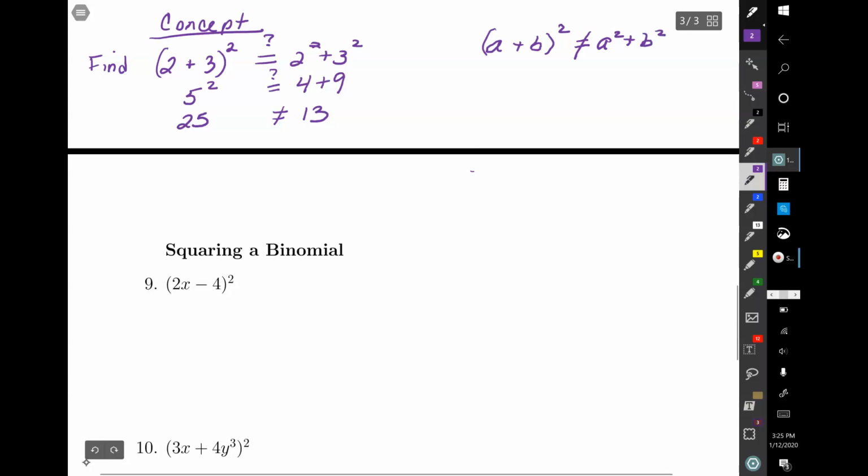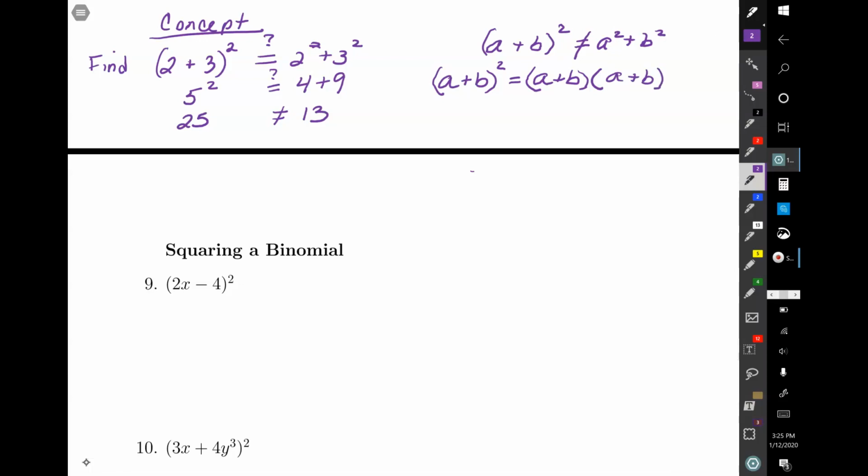What it is equal to, I'm going to write again here, (a plus b) quantity squared, is going to be equal to the entire expression, (a plus b) times itself, (a plus b). So at first, take the time to do that and FOIL it out just as we did before.